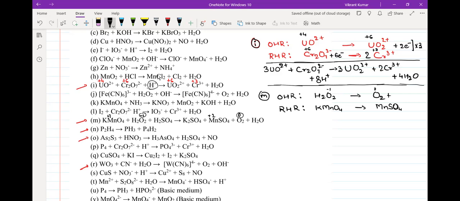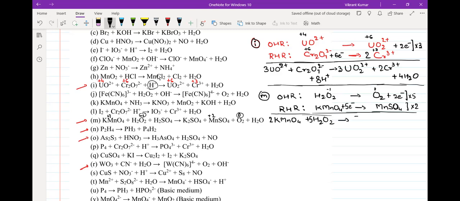So for 2 oxygen, it will be 2. And in this case, +7 to +2 is 5 ka change per atom of manganese. There is just 1 manganese. And that's why if you add it, now we have got KMnO4 plus, अच्छा यहाँ पे 5 से multiply, यहाँ पे 2 से multiply, so that reaction is balanced. So we need to put 2 here and we need to put 5 here.